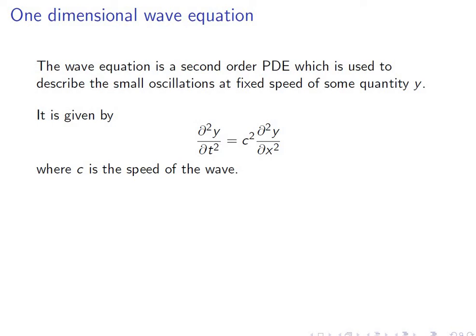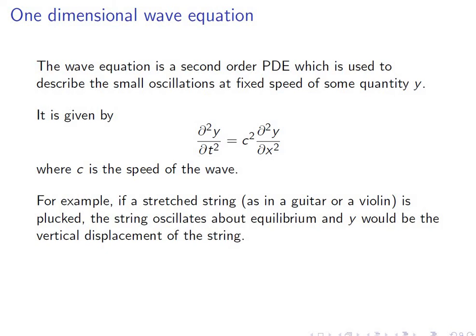The equation is ∂²y/∂t² = c² ∂²y/∂x², where c is the speed of the wave, t denotes the time variable, and x denotes position.